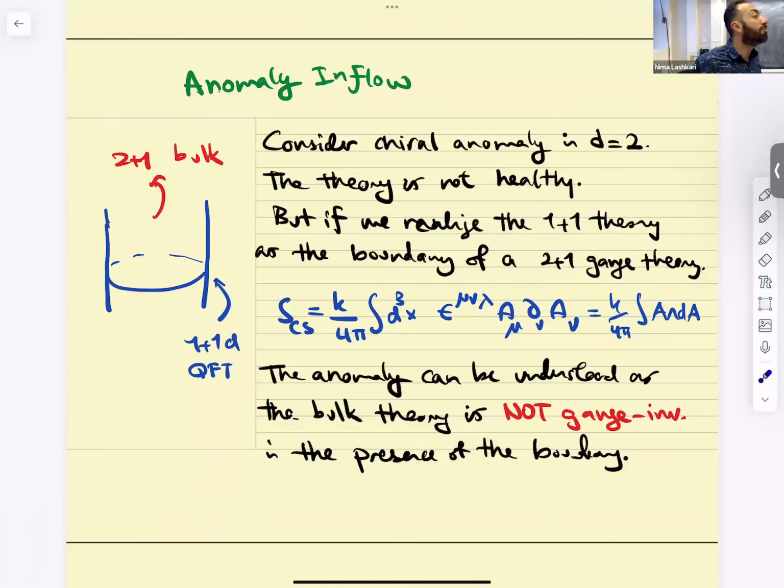For example, we'll say in a bit that the beta function of QCD could be viewed as an anomaly. I'll comment on that. Remember, QCD was a classically scale invariant theory. Why? Exactly.